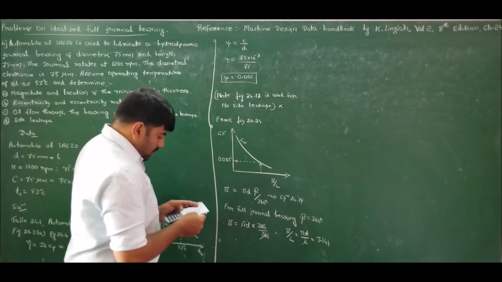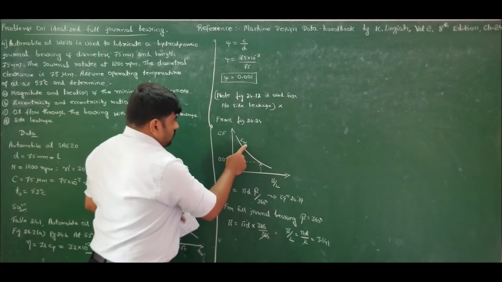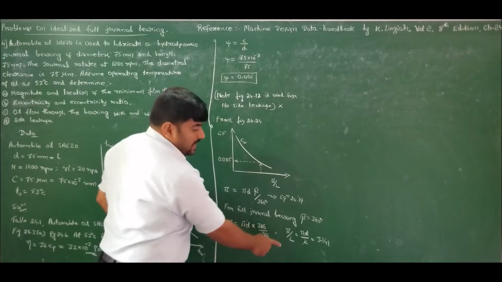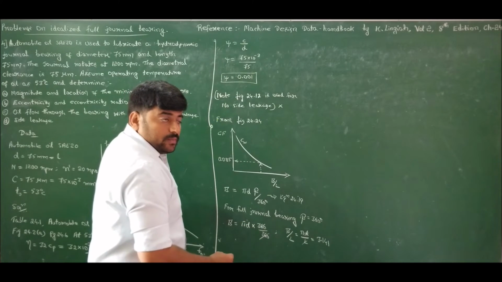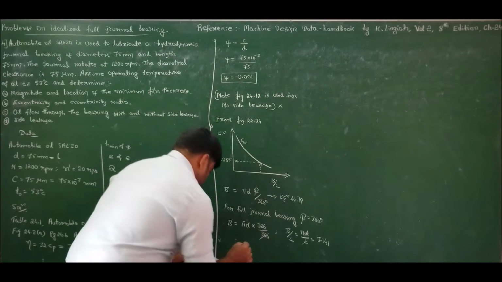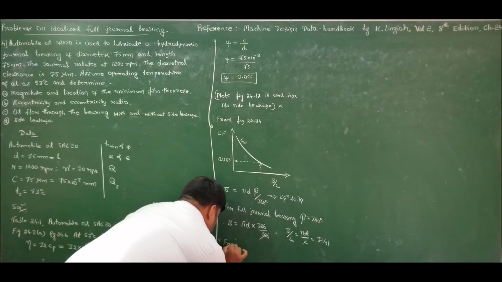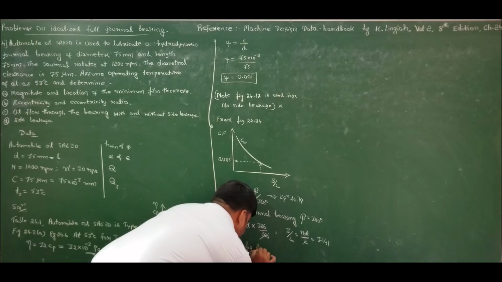Next, by knowing the load correction factor due to side leakage and the B by L ratio, which is equal to pi, I can find the minimum film thickness variable, that is from figure 24.26.